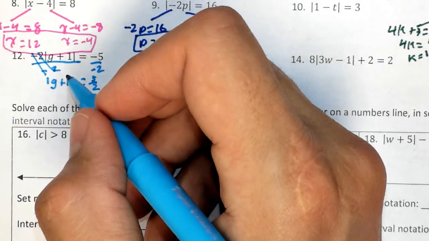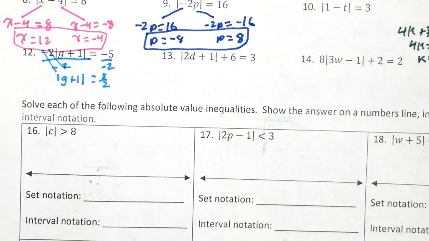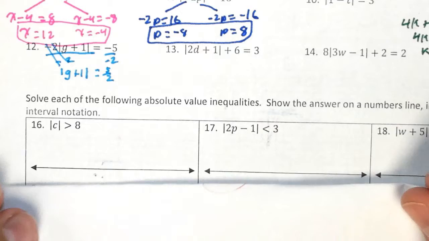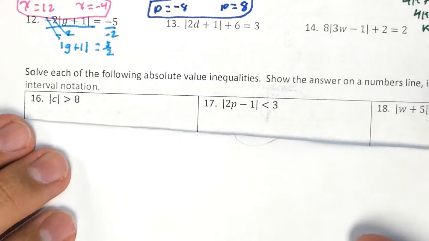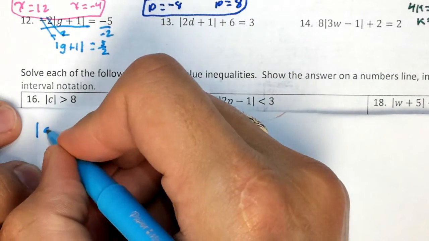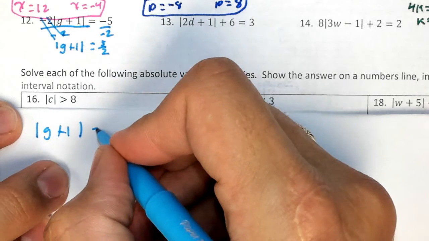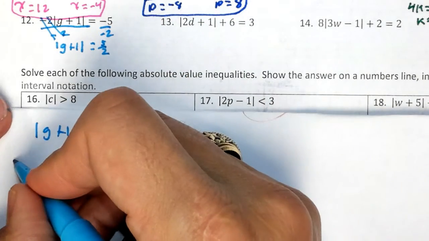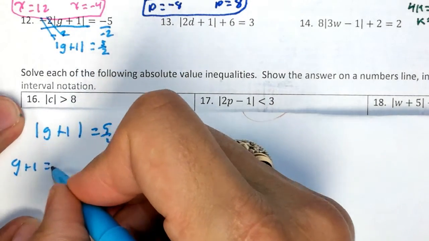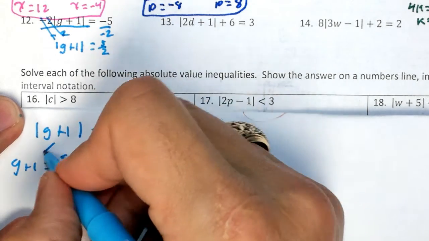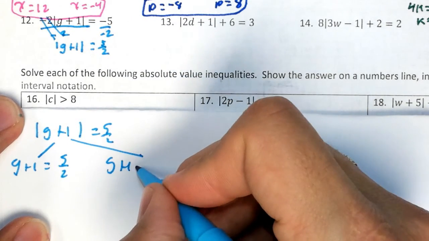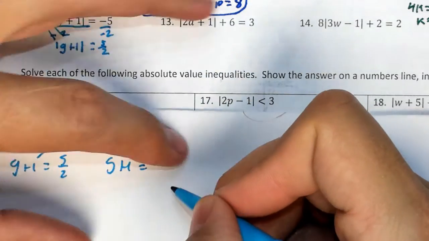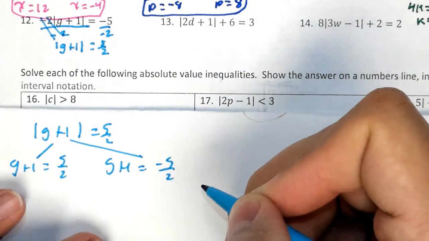And from there I can actually go ahead and split this. Absolute value of g plus 1 is equal to 5 over 2. So g plus 1 is equal to 5 over 2. And g plus 1 is equal to negative 5 over 2.